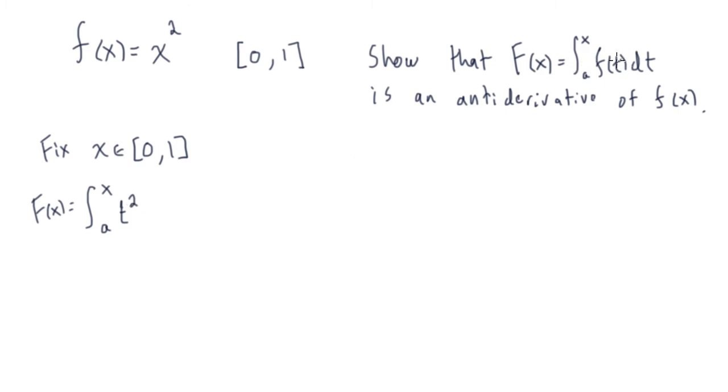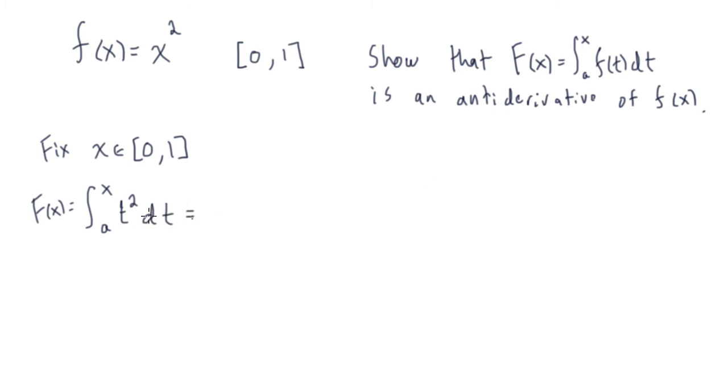And you may be asking, well, why are we putting a t in here? Well, remember that the variable of integration doesn't have any real significance, okay? As long as you are consistent between the variable of integration and the independent variable in the integrand. And since we're using x actually for the upper limit, I'm just using t. So there's no confusion about what's the variable of integration and what's my upper limit of integration.